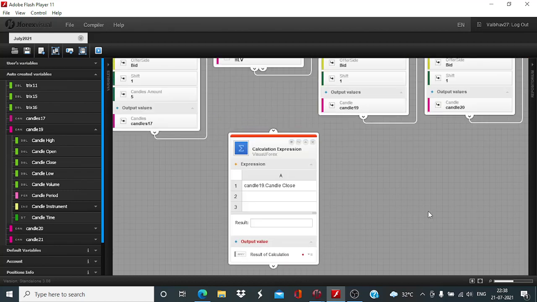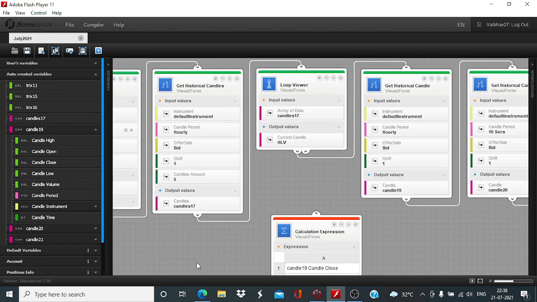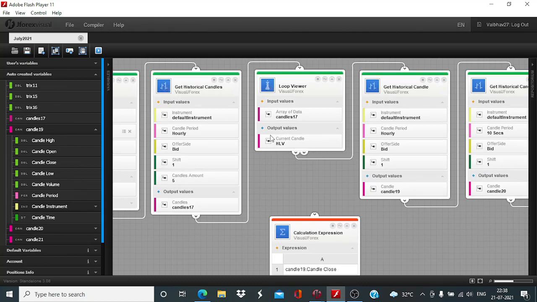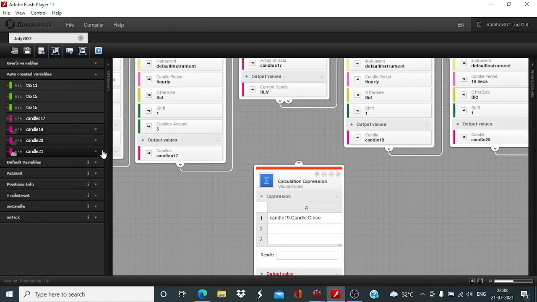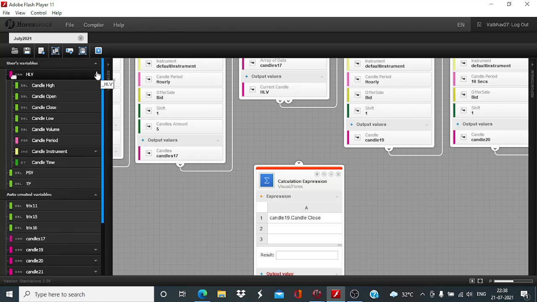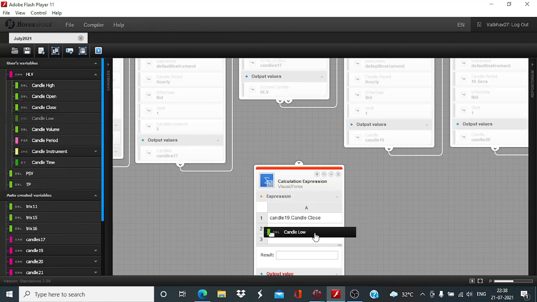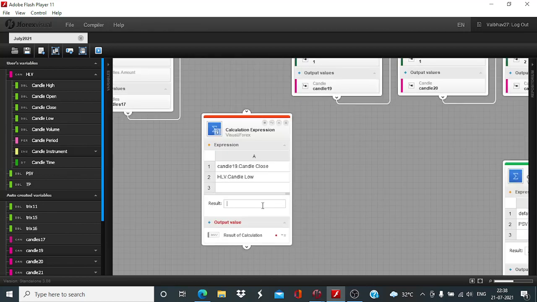Okay, and I will have to retrieve the HLV's candle low. Here it is, and it becomes A1 minus A2.